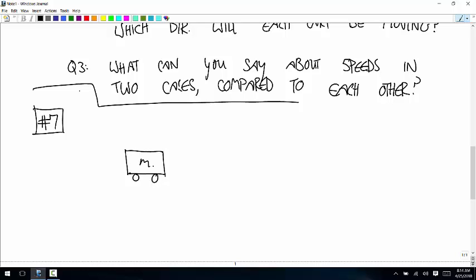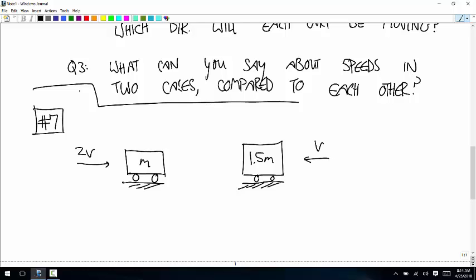This one has a mass m and a speed 2v. And the second has a mass of 1.5 m and a speed of v. And it's inelastic.